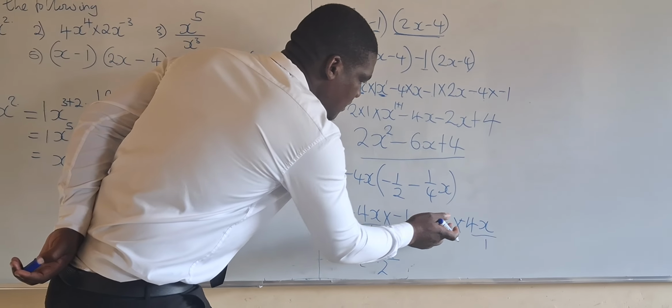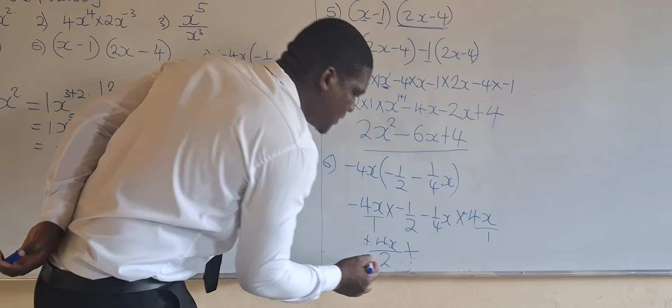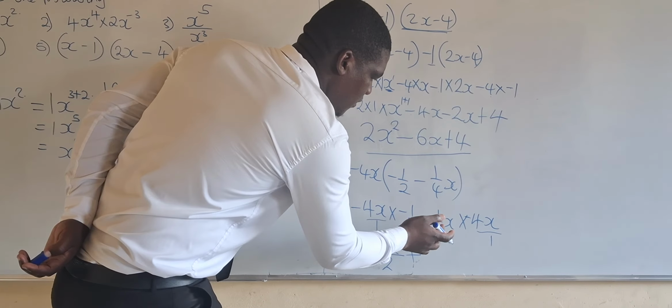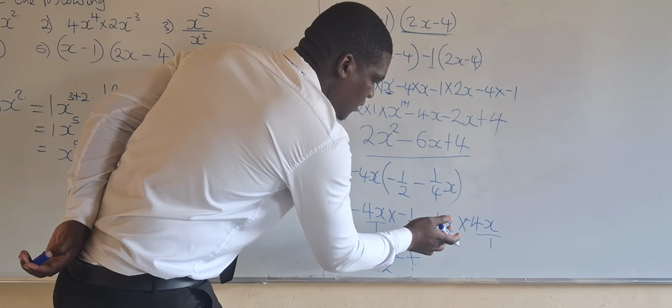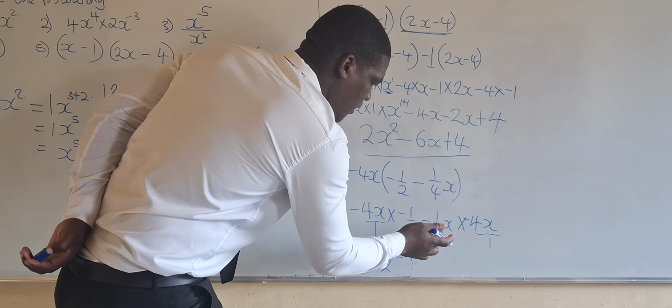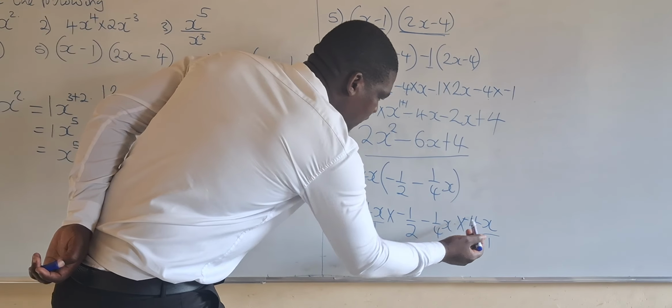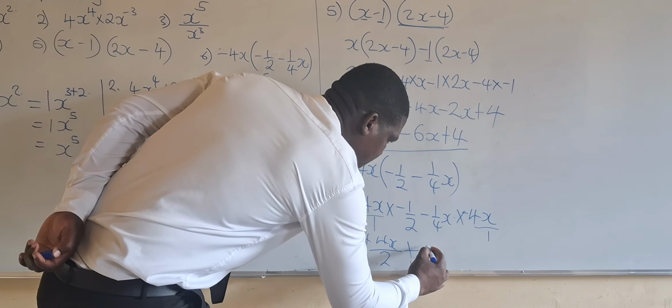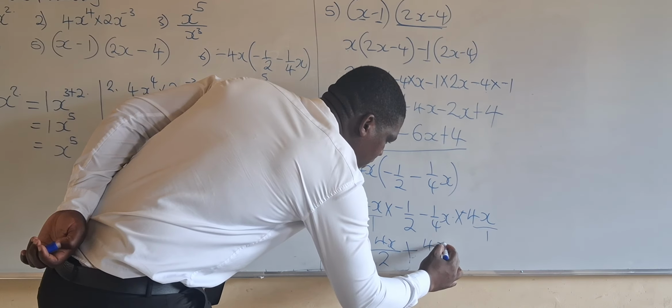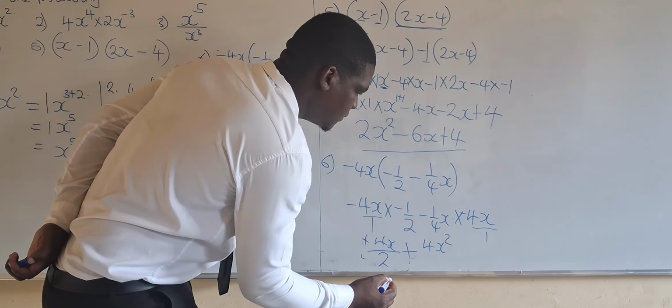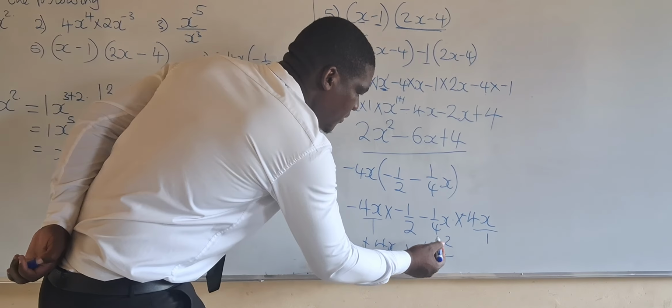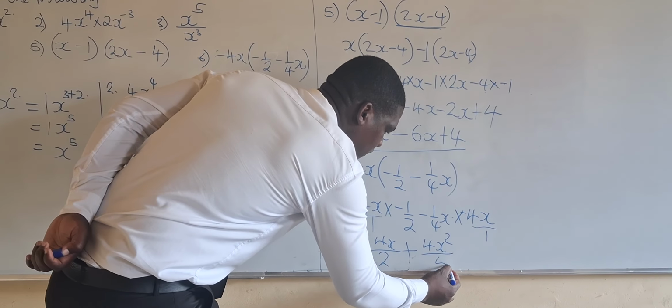A minus times a minus gets a positive. Right? So we are saying x times 4 to get 4x squared over, we say 4 times 1 to get 4.